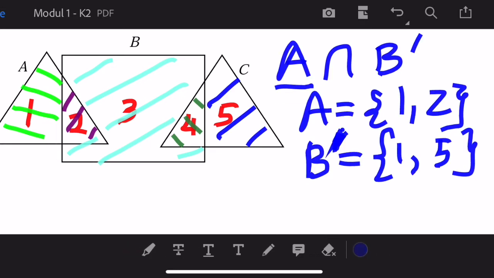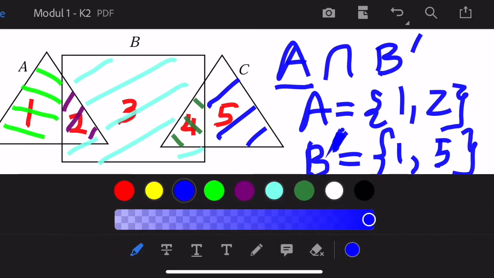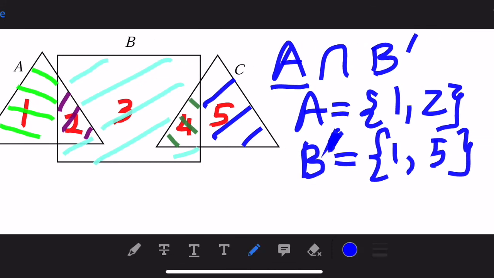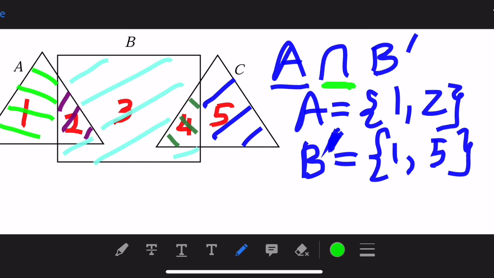So whenever you see intersect, intersect means together. Okay, intersect means we find the similar one, right? So that means the region that you're supposed to shade will be represented by 1.